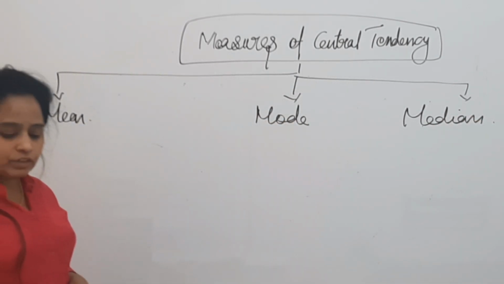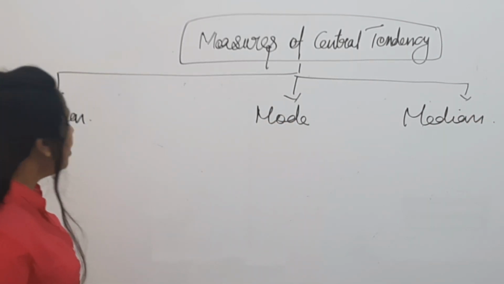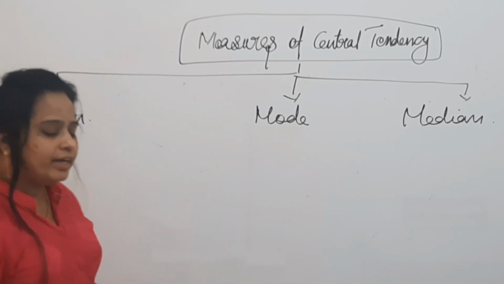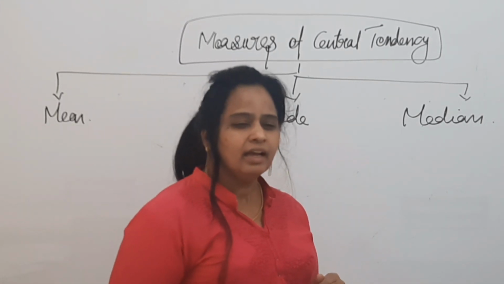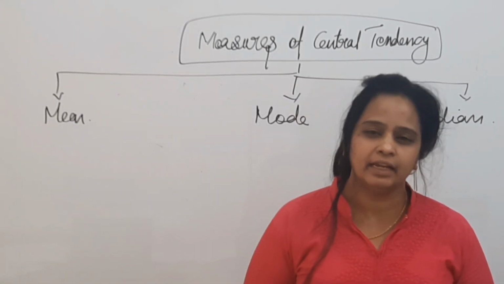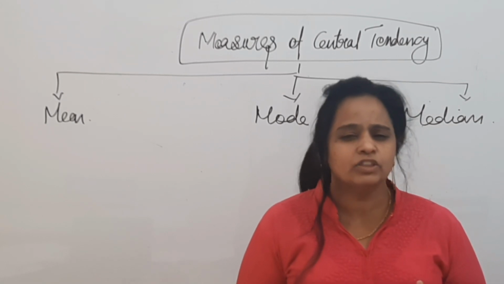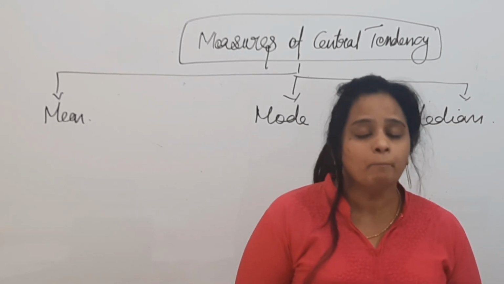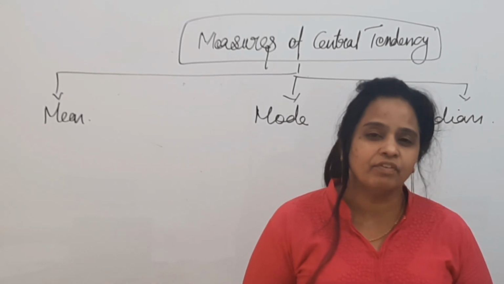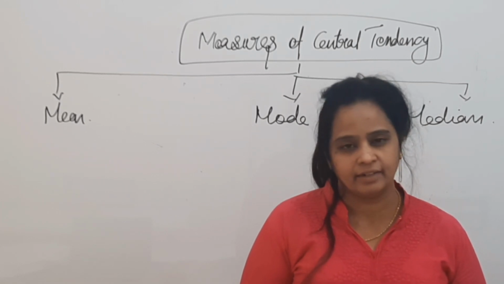So now I'm going to write for mean. Finding the mean is the main concept in our 10th standard. Of course, median and mode too, but much importance is given to mean in 10th standard.